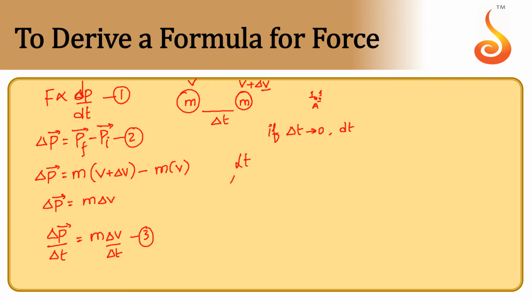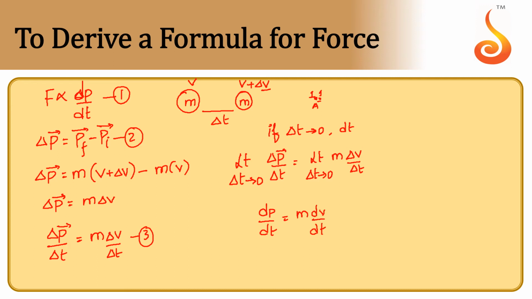limit delta t tends to 0, delta p by delta t is equal to limit delta t tends to 0, m into delta v by delta t. So we can rewrite this as dp by dt is equal to m into dv by dt.